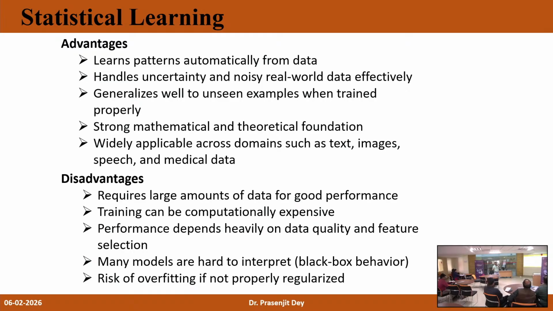If you know the pattern, you can make a better judgment. Strong mathematical and theoretical foundation means all the models in machine learning or AI having that statistical background are fundamentally clear, like SVM or logistic regression and all.